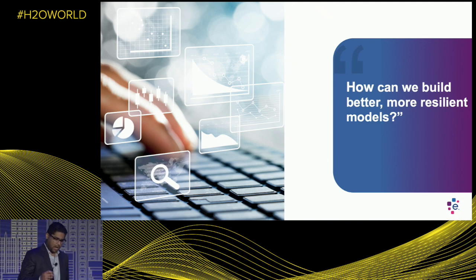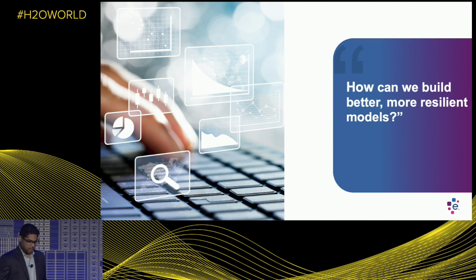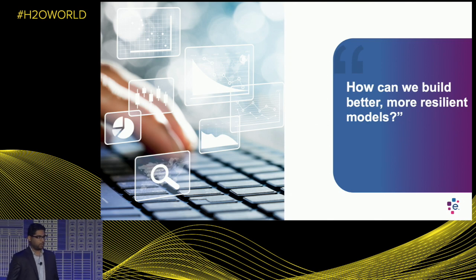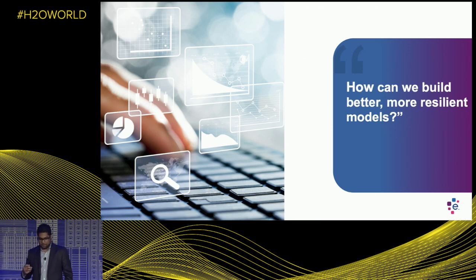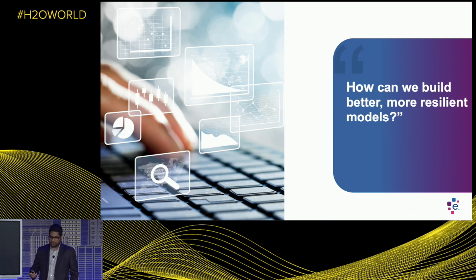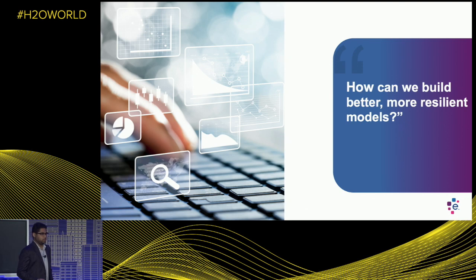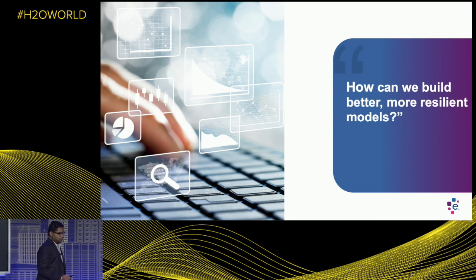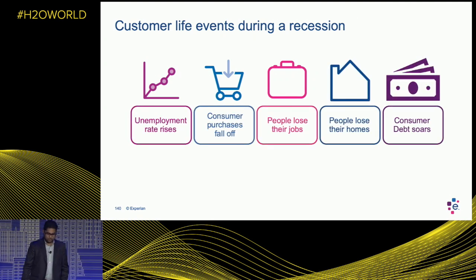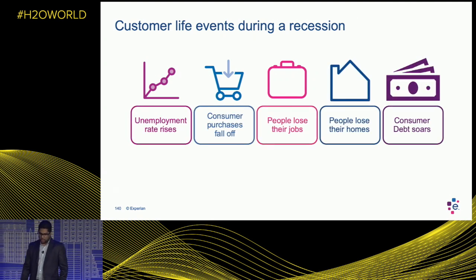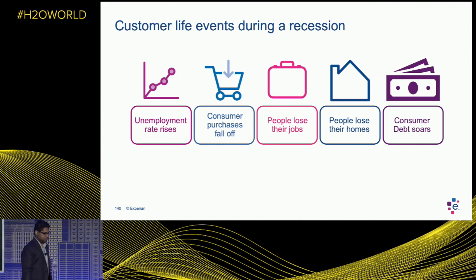In that scenario, we want a resilient model which can predict, and also be predictive enough to speak to how much time it will take for consumers to get back to paying their debt on time, or get back on track, essentially.